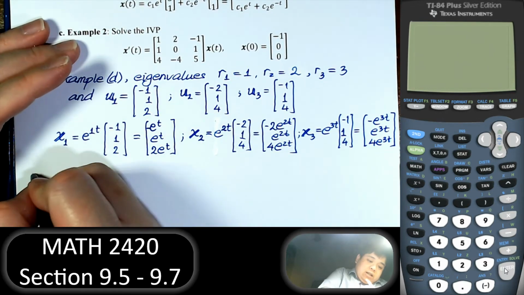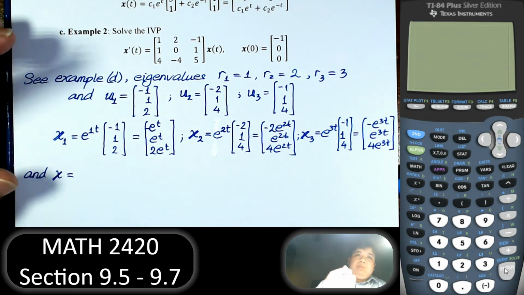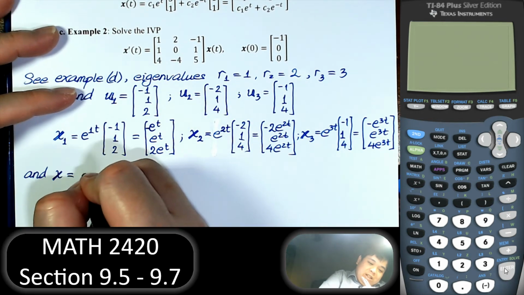Right, and the solution is the linear combination, so C1 x1 plus C2 x2 plus C3 x3.